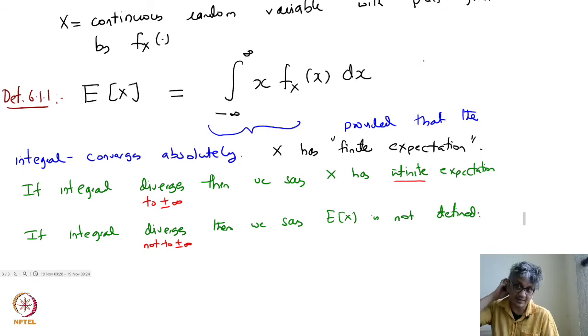This is something one has to do carefully, the same way as we did with countable sums.